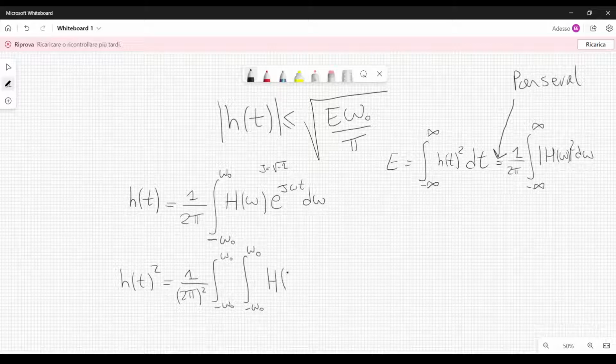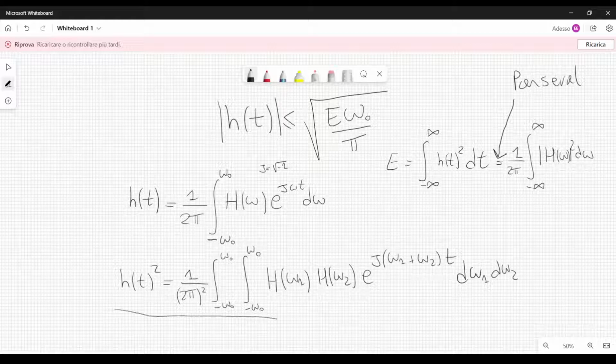Here we have H of omega 1, H of omega 2, e to the j omega 1 plus omega 2 times t d omega 1 d omega 2. So this is what we can do. And from this simple formula, one can also obtain straight away that formula there, this Parseval theorem.